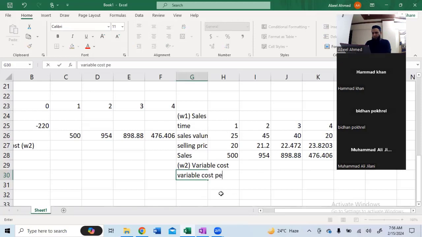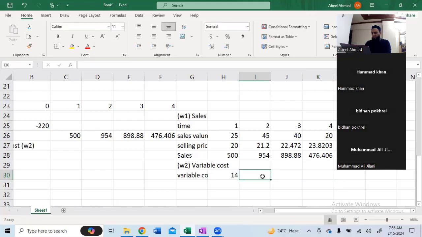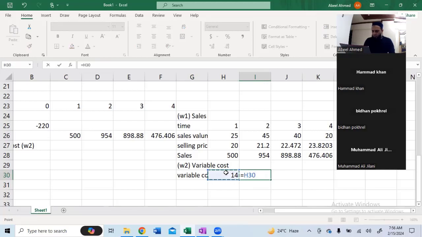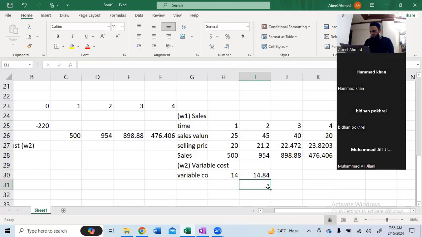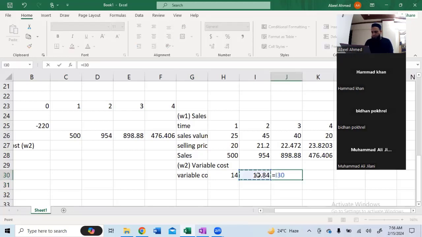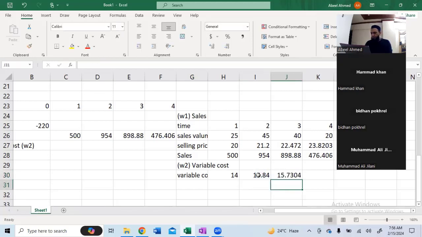Variable cost per motorcycle. It is 14, and inflation it is again 6% if I'm not wrong. 1.06. 1.06.